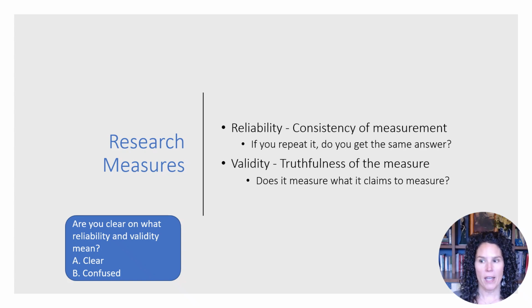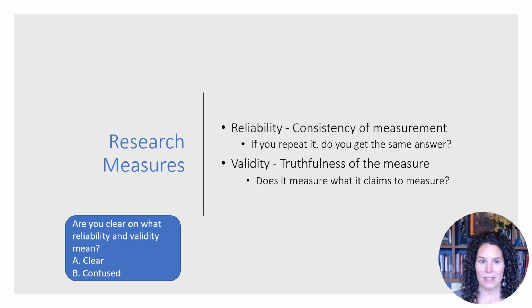If I step on the scale to weigh myself in the morning, I often step on once, get a number, then step back off and step on it again to see if I get the same number. So that's where I'm checking my scale's reliability. Am I getting a reliable number, the same number back to back?